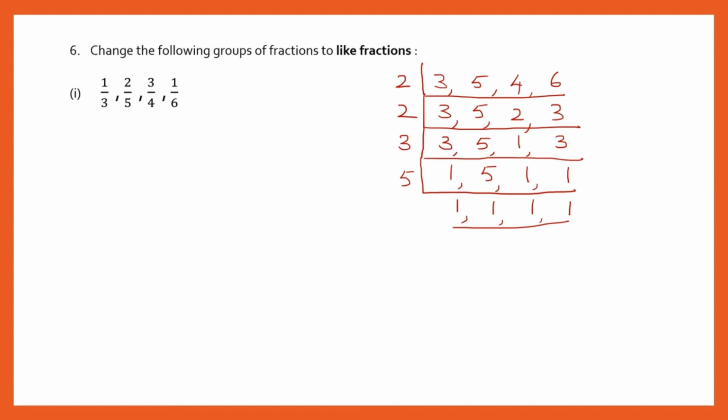Okay, now let me write down all these factors and find the LCM. So how many 2s are there? There are 2 2s. So 2 into 2 and then a 3 and a 5. So let me multiply this. 2 2s are 4, 4 3s are 12 and 12 5s are 60.